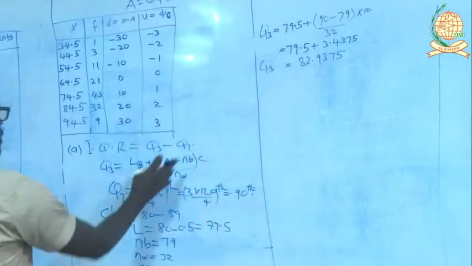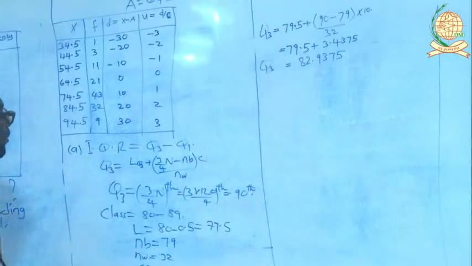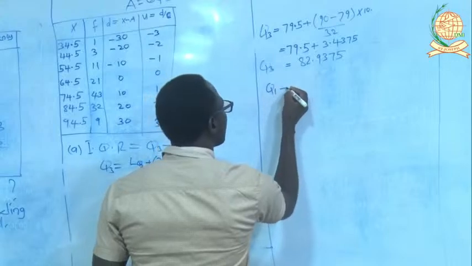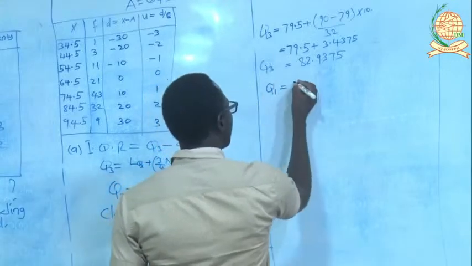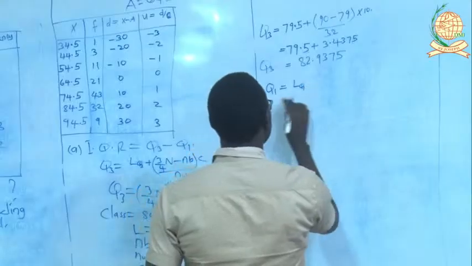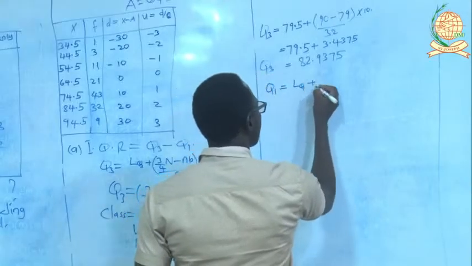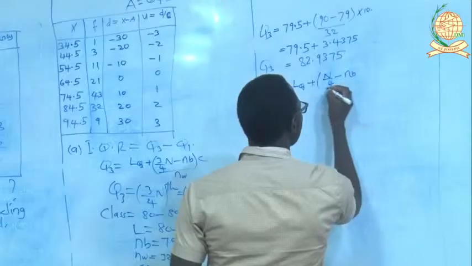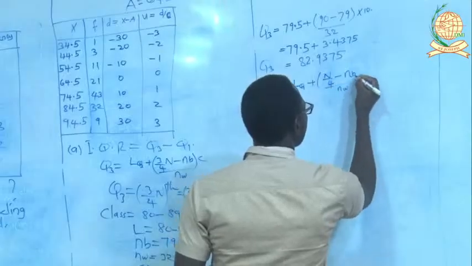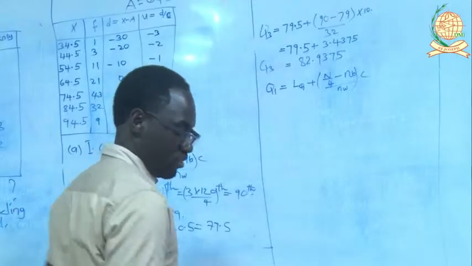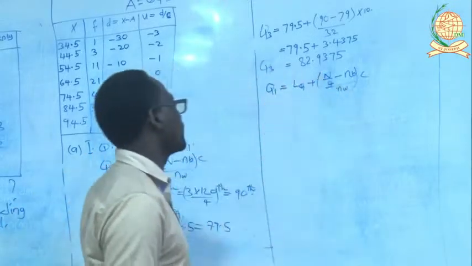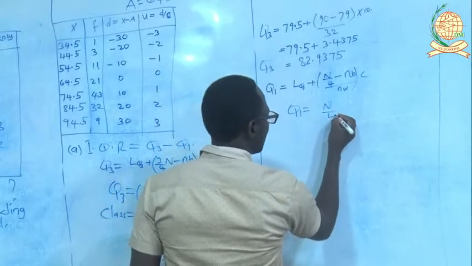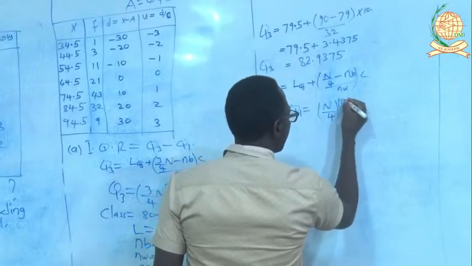Okay, again find Q1, because the interquartile range is given by Q3 minus Q1. So I already found Q3. Now Q1 is given as L from the class interval having Q1, plus, in the bracket, N/4 minus NB divided by NW, then it times C. Now find the class interval with Q1. So Q1 is found at N/4.